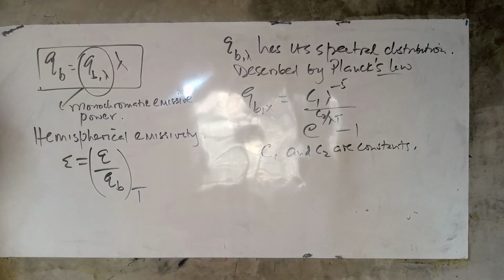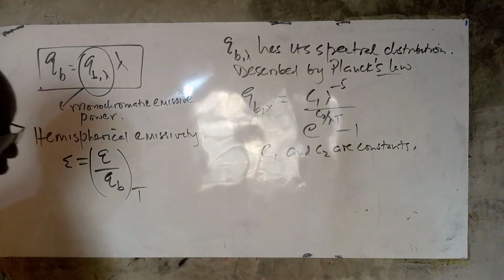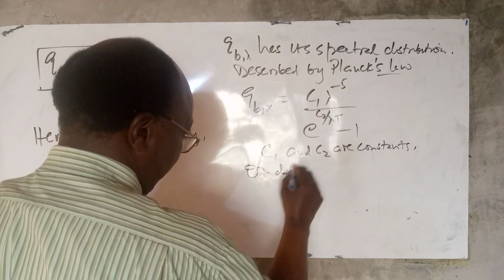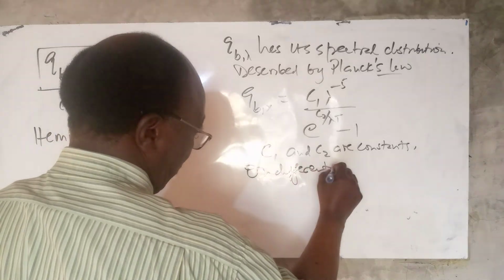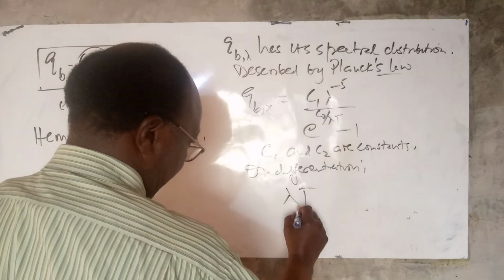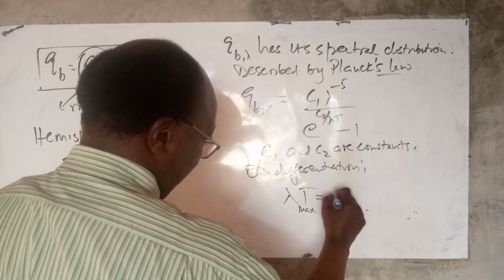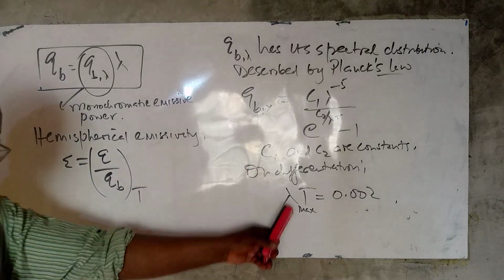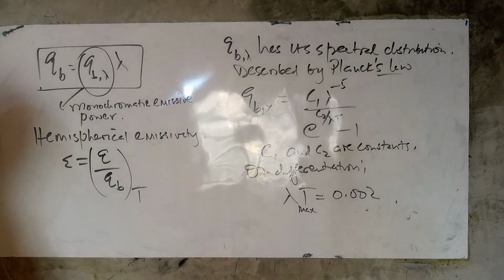And of course, when you differentiate this quantity, you end up with the expression 0.002, and this is an expression which you can use to calculate the lambda max.